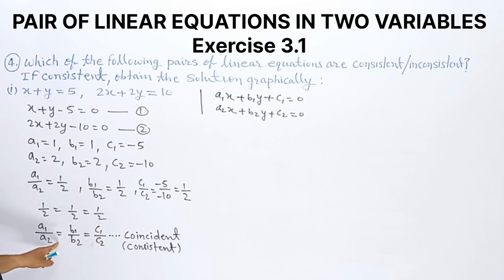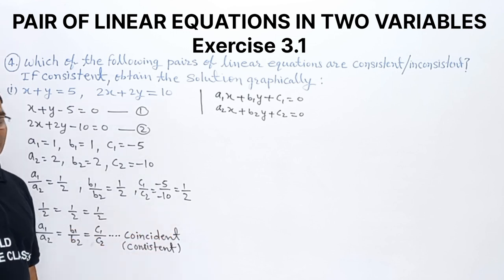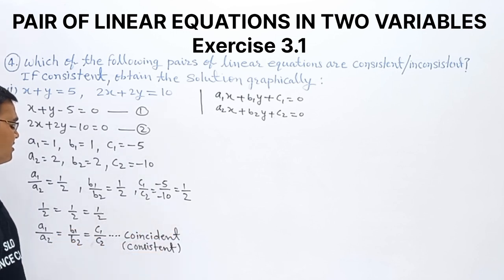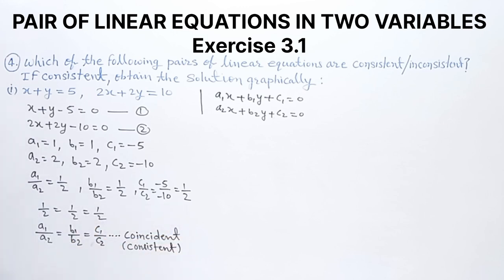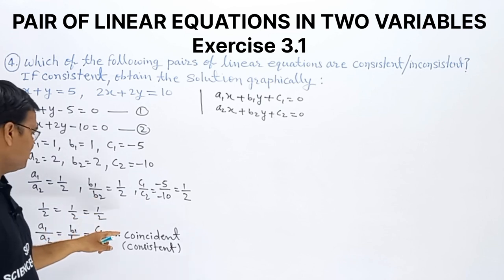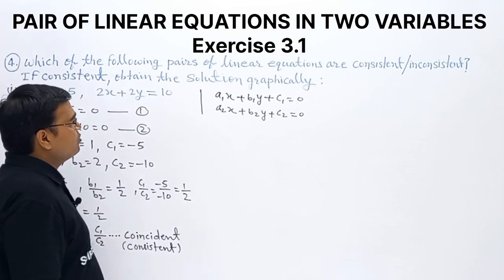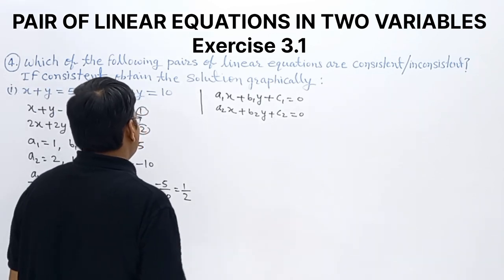It means these equations are consistent, because we are getting coincident lines. If consistent, we solve graphically. If inconsistent, we will not solve graphically. This time we are getting consistent, so we will find the solution.